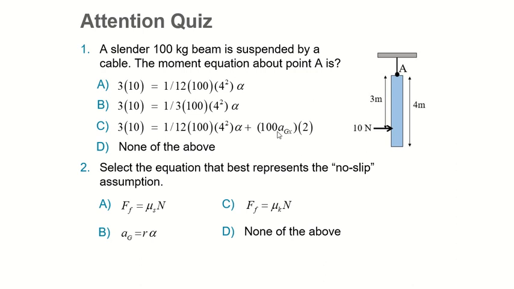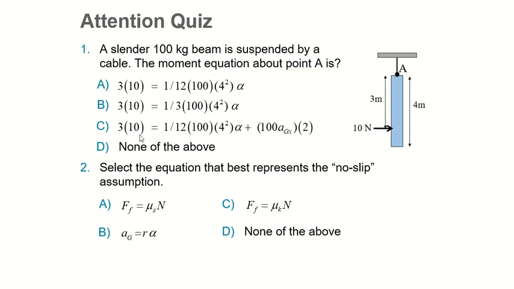You put that in here. Of course, we're dealing with the center G, so we have 4 meters here, and that's going to be 2 meters right there. The weight is 100 times the acceleration at center G, times 2 since the point is at the center.